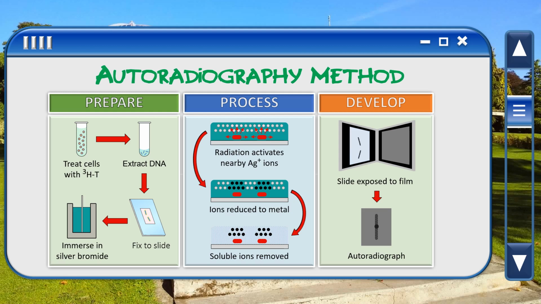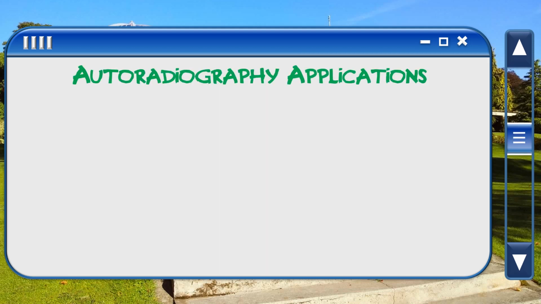In the process, because of radiation activity nearby, the silver ions were reduced to metal, the soluble ions were removed, and the slide was exposed to film, and then it was autoradiographed.